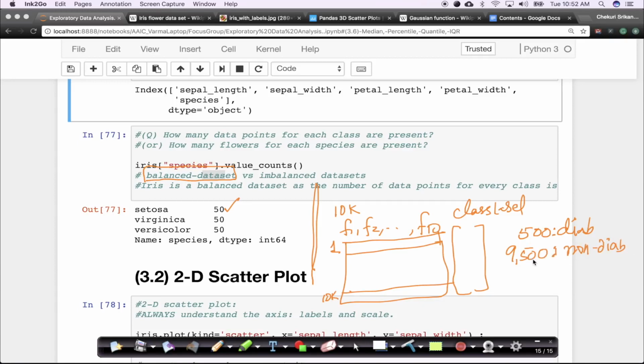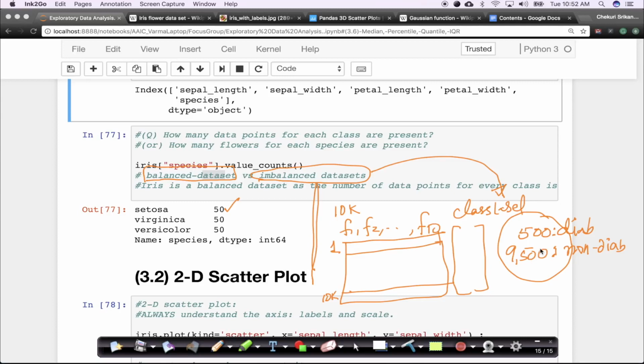Now your task is, given these 10 features which correspond to some medical tests, you have to predict whether the patient has diabetes or not. Now here, if you notice, you have a data set with 500 data points of one class label, which is diabetes, and 9,500 of the other label, which is non-diabetic. This is called an imbalanced data set, because you have two class labels and the number of data points per class label are very different.